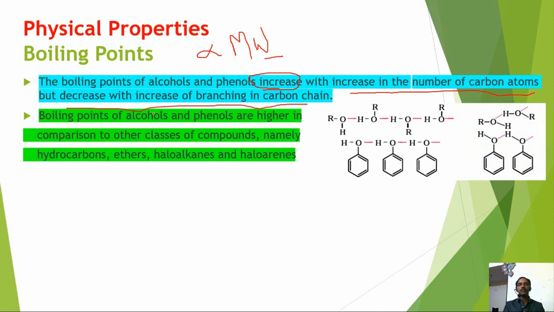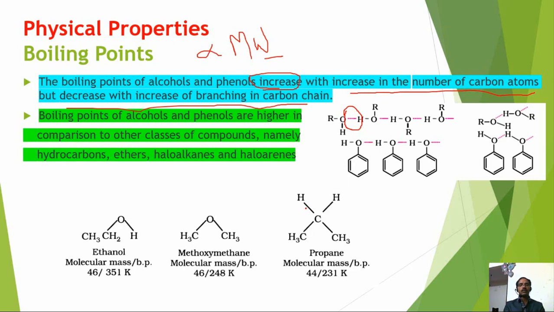What was the reason? Due to intermolecular hydrogen bond. See this red one. This is the intermolecular hydrogen bond. As well, see here three examples. The first one is alcohol, the second one ether, the third one is hydrocarbon.